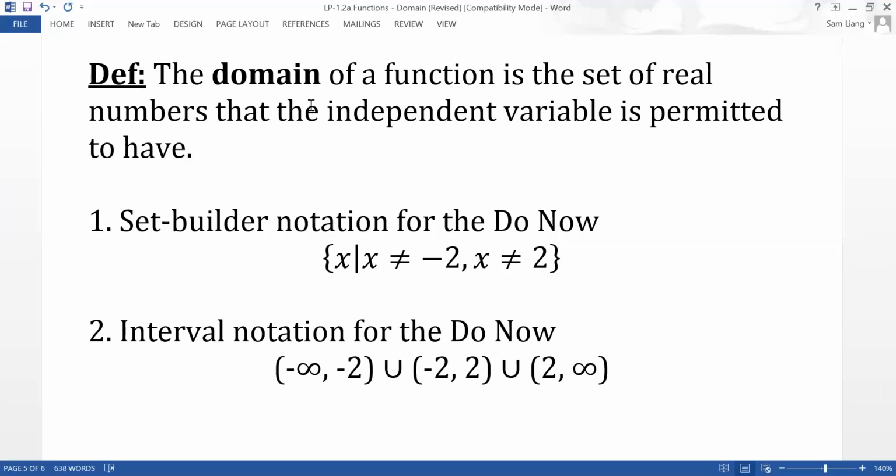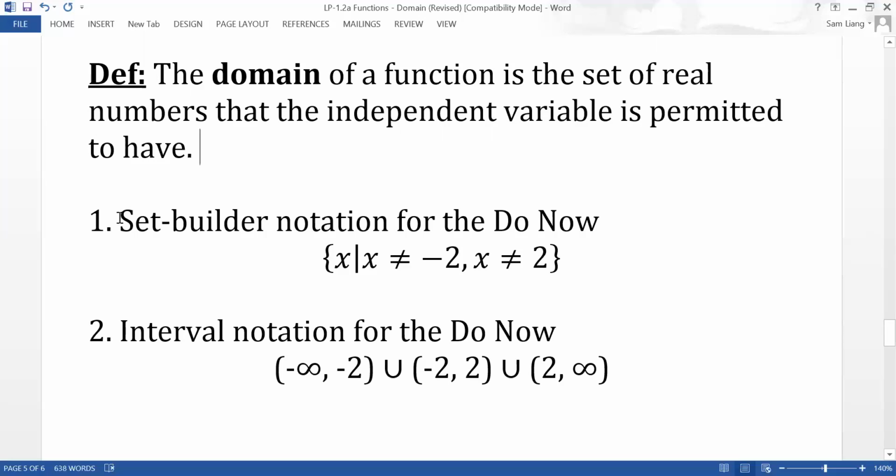Real numbers, if you remember, are basically all the numbers that don't use i. So pi is a real number, e is a real number, 1/2 is a real number, all the integers are real numbers, 0 is a real number, right? So we're only talking about those numbers and not imaginary numbers, which would be like 3 plus 2i. Please pause the video here if you need to copy this down.